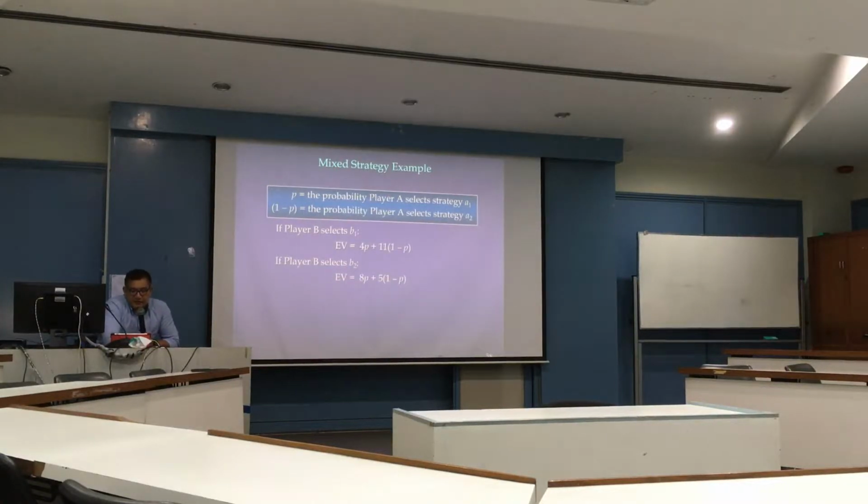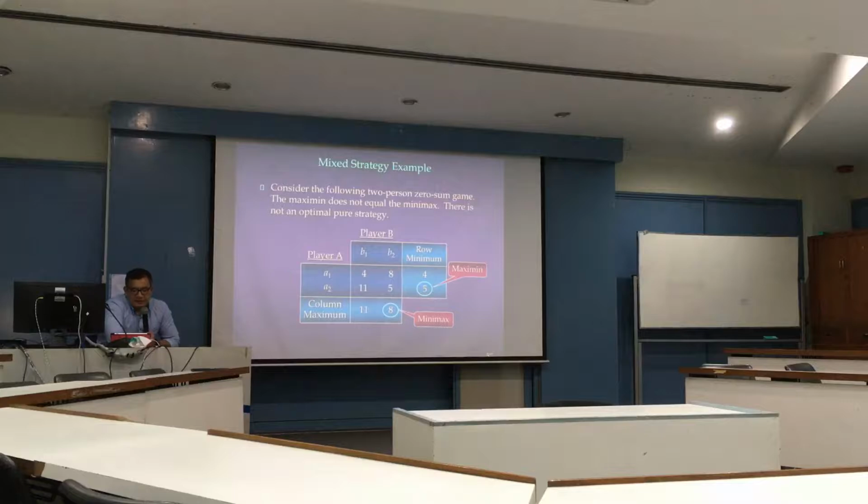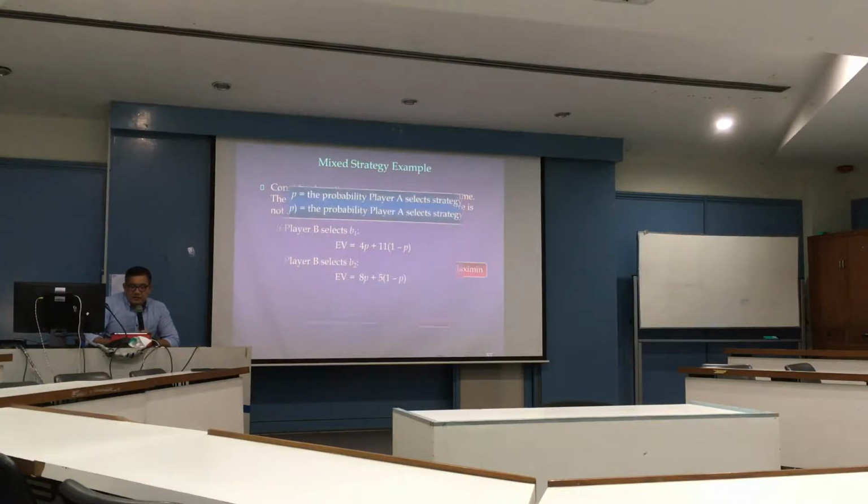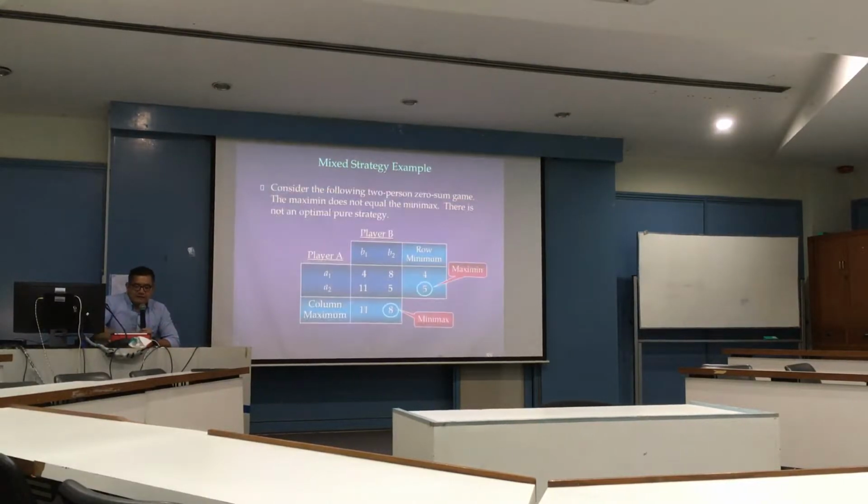Let's say that we let P be the probability that player A selects strategy A1. For sure, the rest is going to be the probability that player A selects strategy A2. So A1 has probability P, and A2 is then equal to 1 minus P. If player B selects strategy B1, what happens?